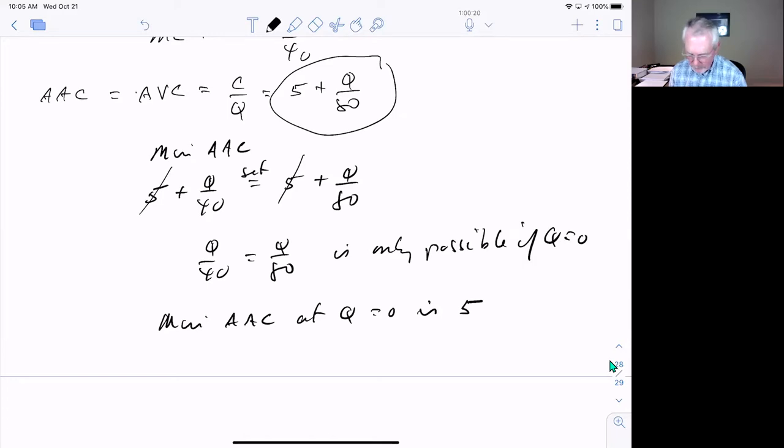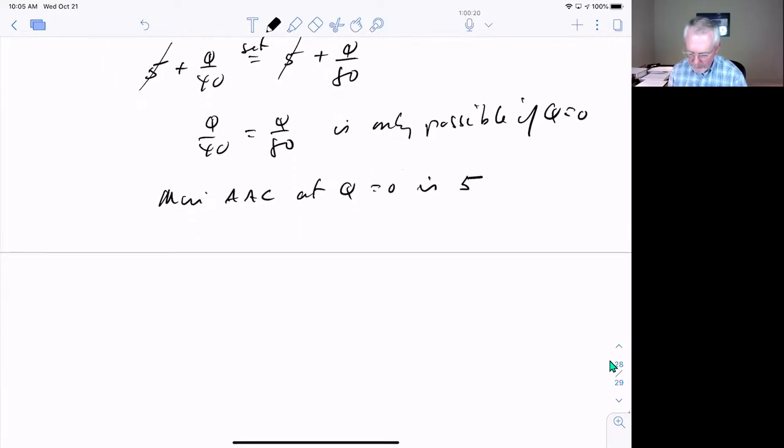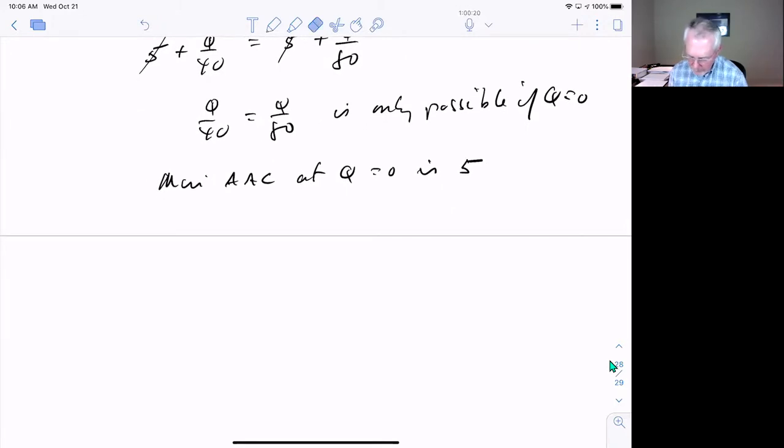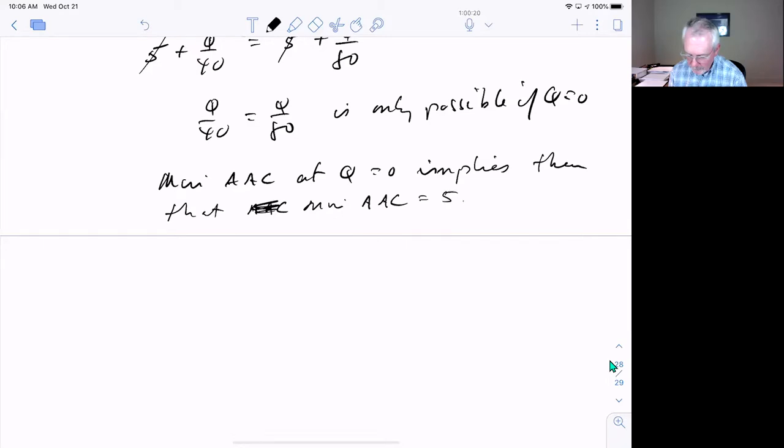So minimum average avoidable cost occurs at Q equals 0, where it is equal to 5. So Dan will require at least a price of 5 to operate.